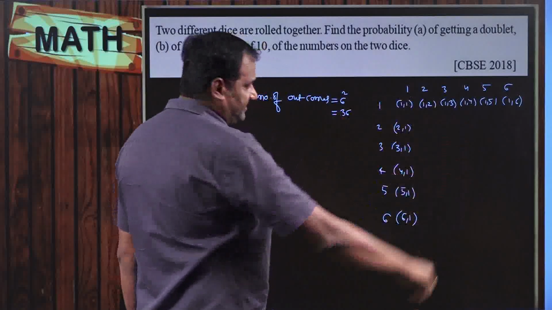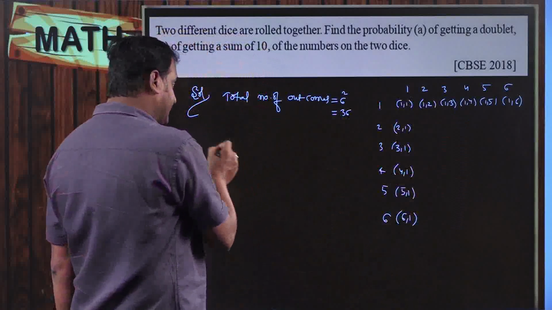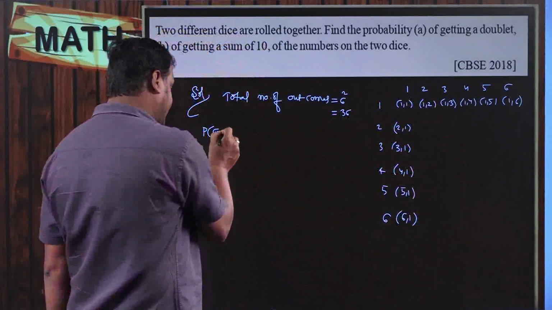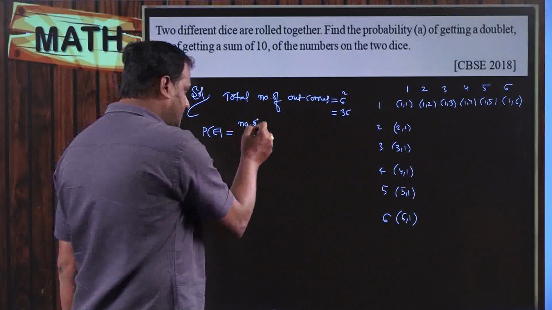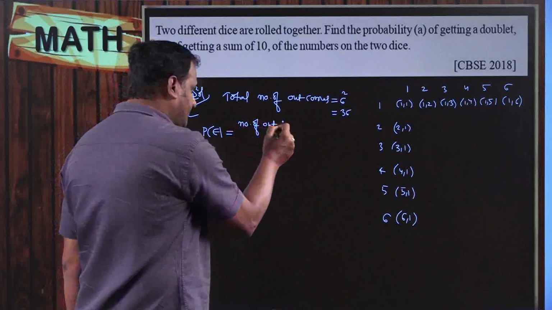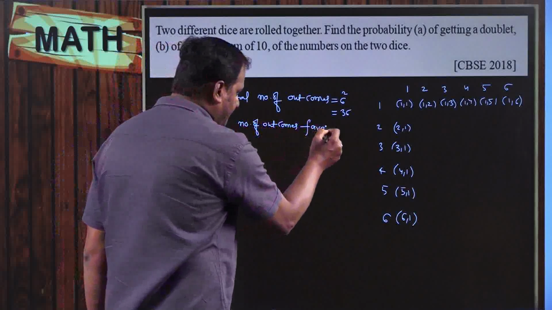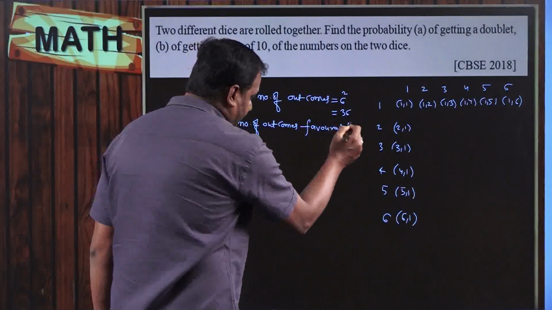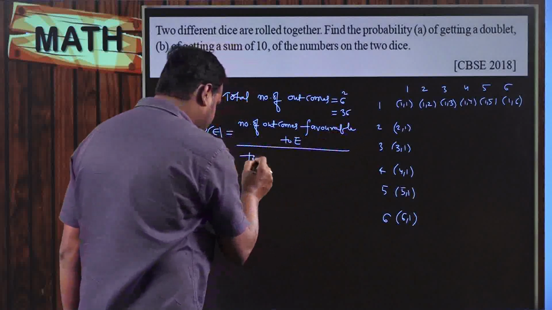So these are all 36 outcomes. And I would write the definition of probability of an event: the probability of an event E is equal to the number of outcomes favorable to E divided by the total number of outcomes.